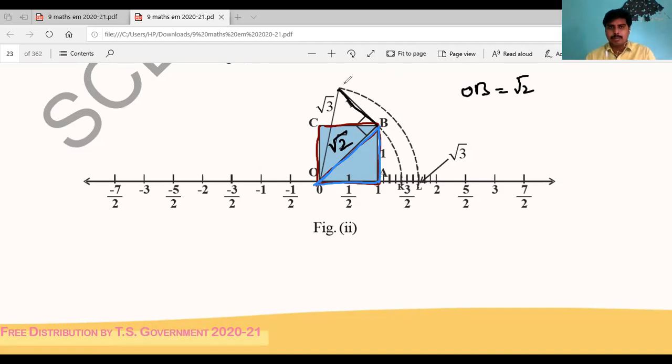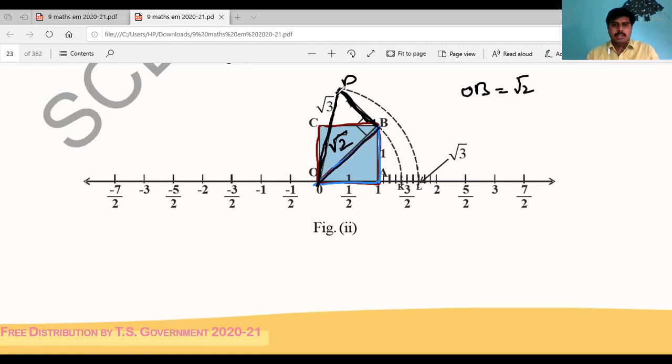Here it is B. This is called BD. To find root 3, again I am representing this BD here. I am taking one more line and making another right angle triangle and joining this OD, just for the sake of finding root 3. We don't know the exact root 3 length, so we are using the Pythagoras theorem concept here.